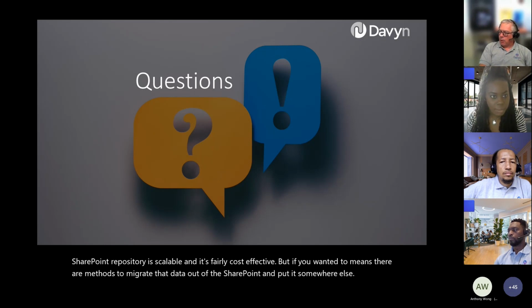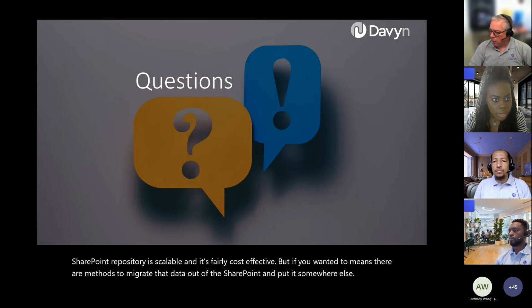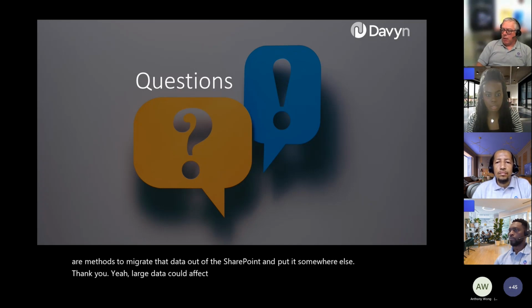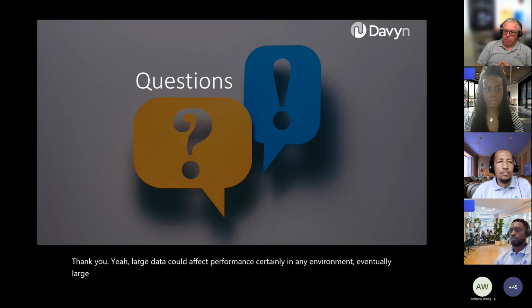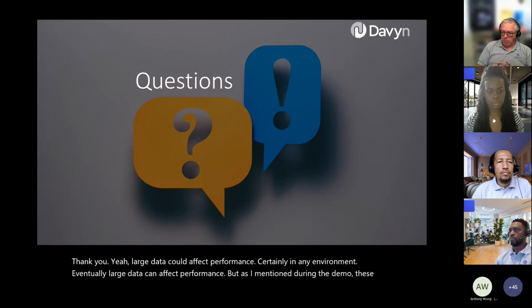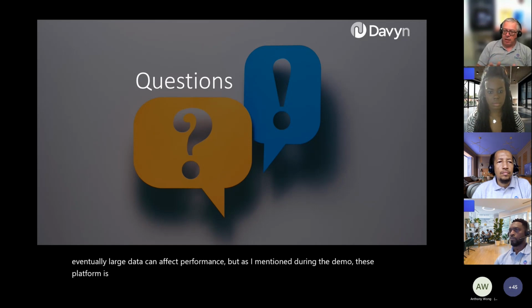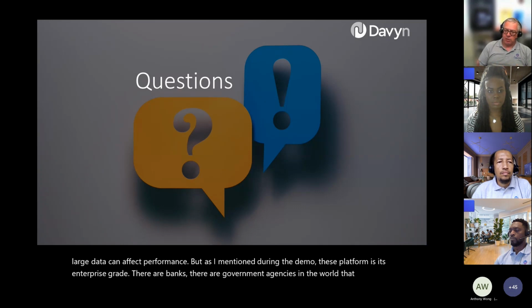Okay, thank you. And I'm seeing Karen has another message. Large data could affect performance. Certainly in any environment, eventually large data can affect performance. But as I mentioned during the demo, this platform is enterprise grade. There are banks and government agencies in the world that use this with thousands of users.